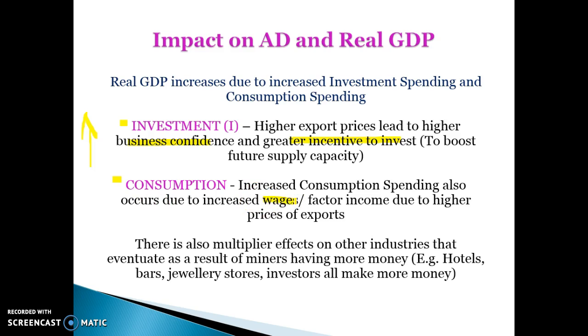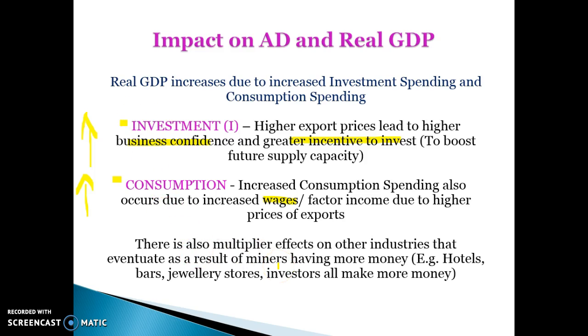That's what happened when the price of iron ore went up: all our miners, our engineers, our surveyors got a higher relative wage, resources flew to that industry, and that led to increased consumption expenditure because people were earning so much more. So the increase in aggregate demand from the terms of trade is through investment and consumption spending.